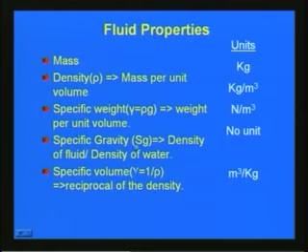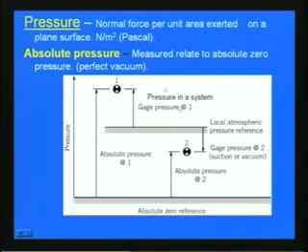Another important property which we will be using is specific gravity, which is the ratio of density of fluid to the density of water. Then another property is the specific volume, the reciprocal of the density, and its unit is meter cube per kilogram. Another important property is pressure.